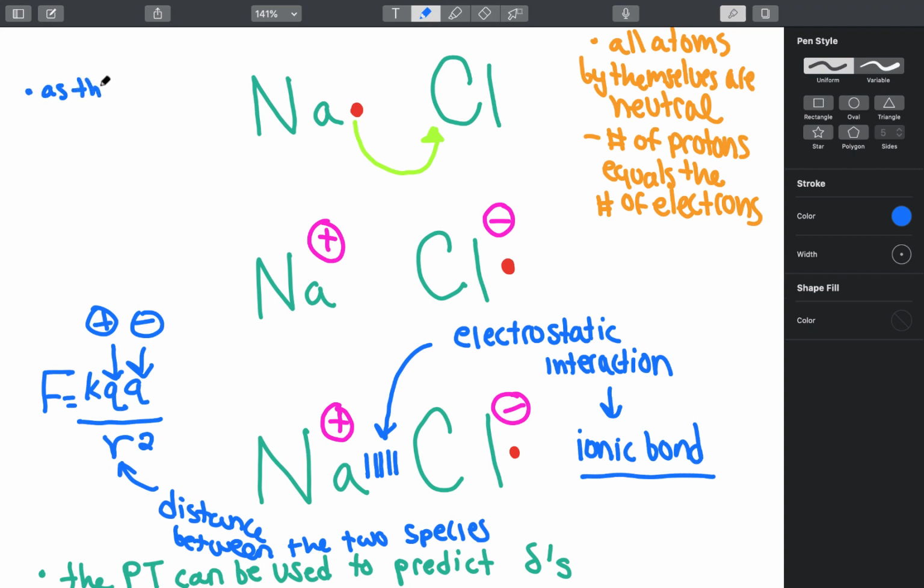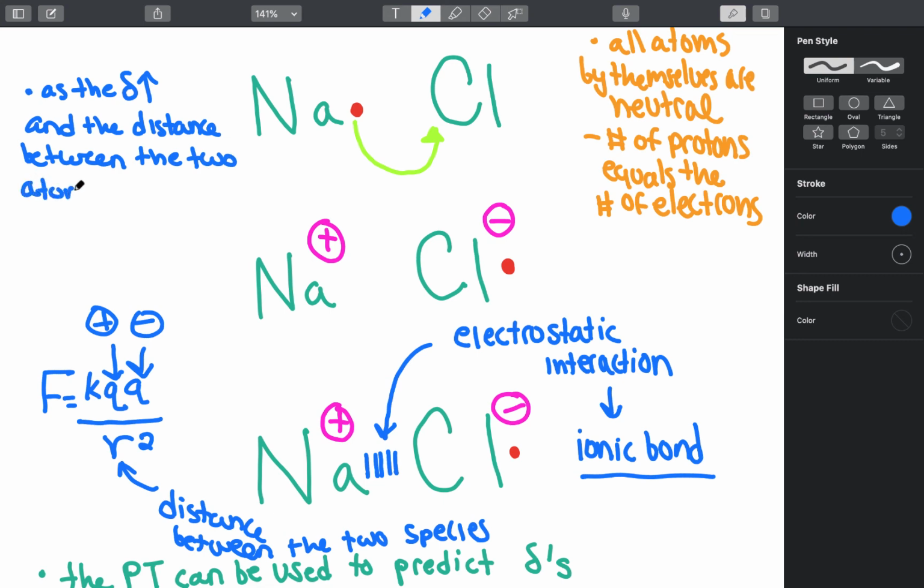As the charge increases and the distance between the two atoms decreases, the ionic bond strengthens. Okay? So that's basically how an ionic bond is formed.